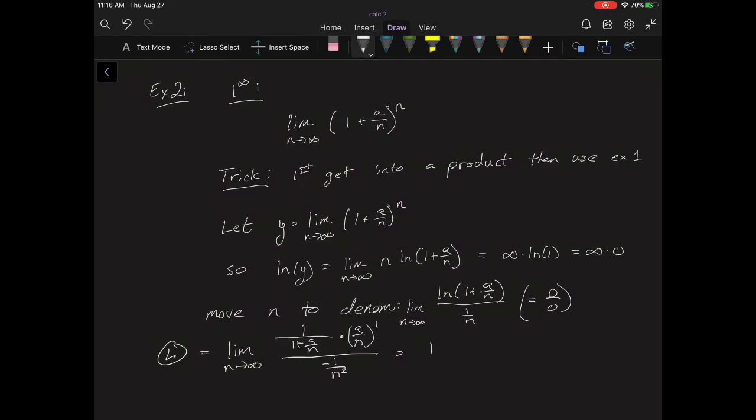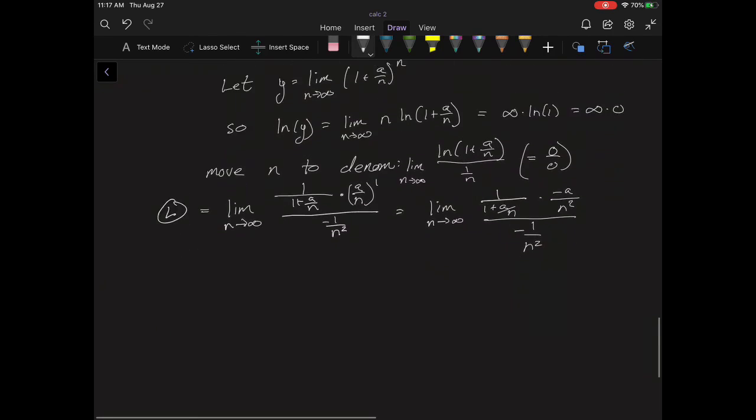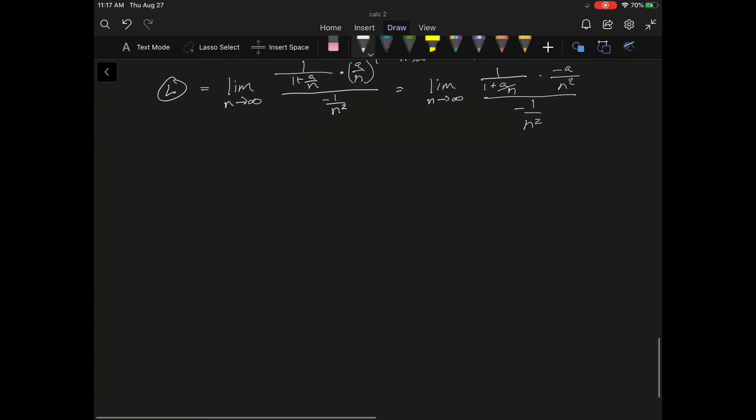Now, by taking the derivative of a over n, we get negative a over n squared. So in total, on the top, we have 1 over 1 plus a over n times negative a over n squared over negative 1 over n squared.